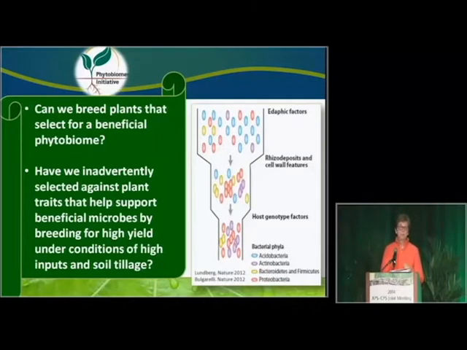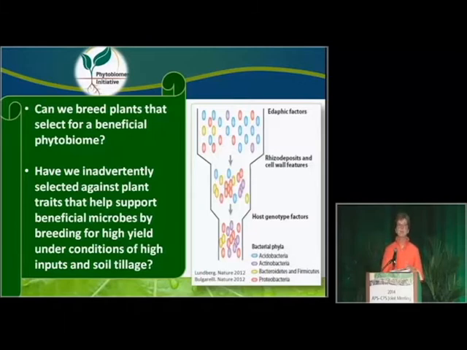Or can we breed plants that restrict the not so beneficial microbiome? And have we inadvertently, through our breeding processes to date, because we've been selecting for plants on very highly fertilized or highly watered or high tillage soils, have we inadvertently selected away from an ideal microbiome?